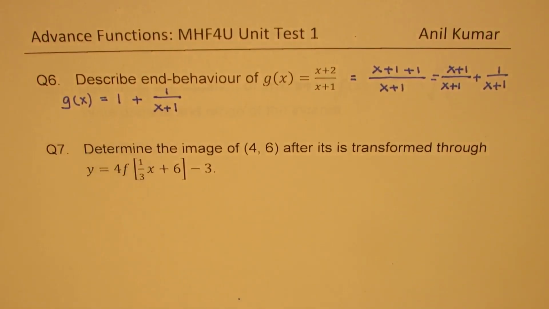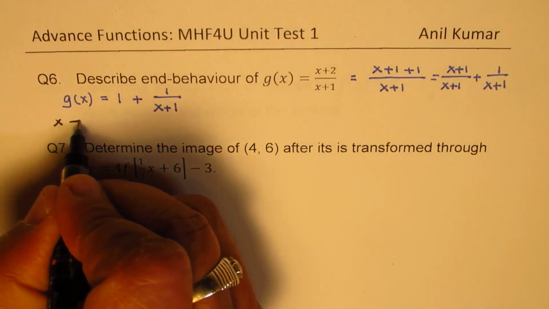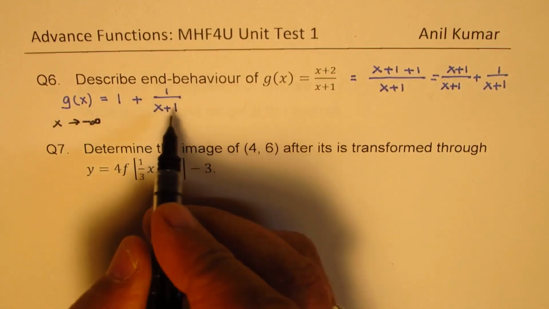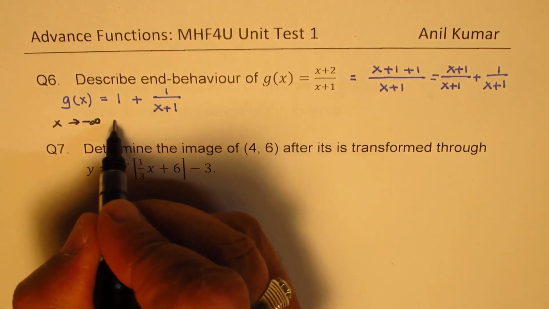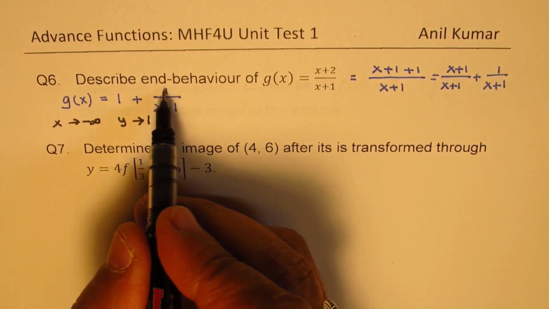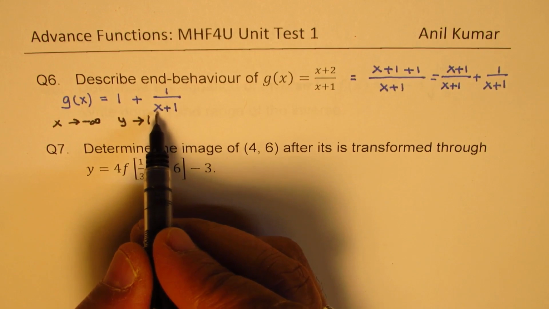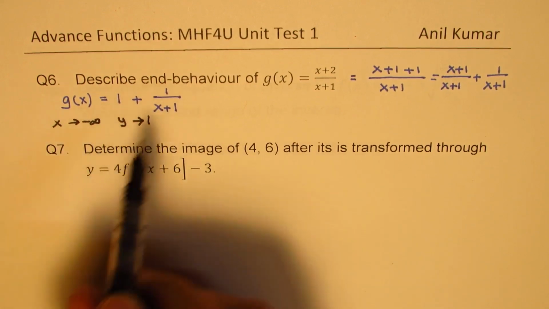So from here we can very easily say that when x approaches negative infinity, in that case y approaches 1, correct? Because this term 1 over x plus 1 approaches 0. If x is very large, it could be a very large positive or negative value, right?